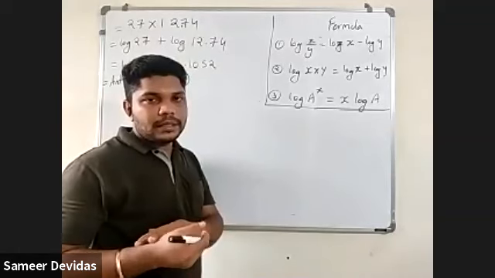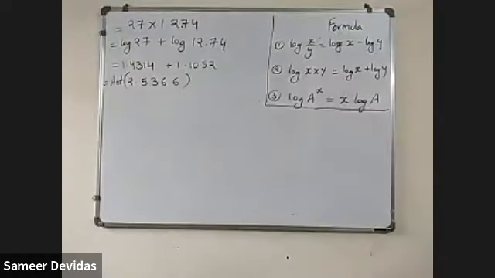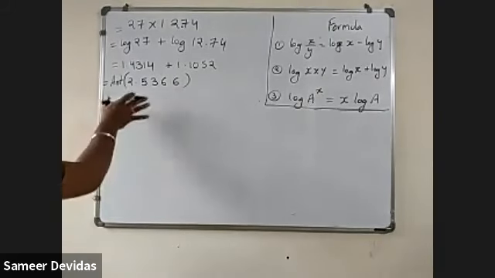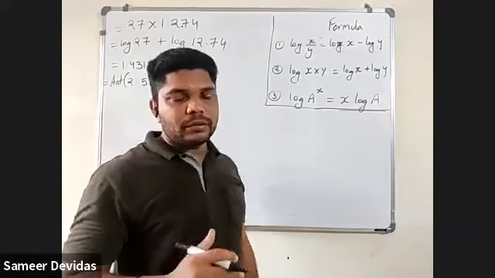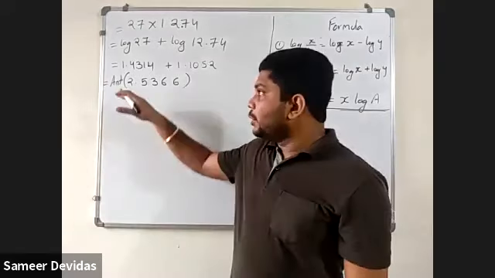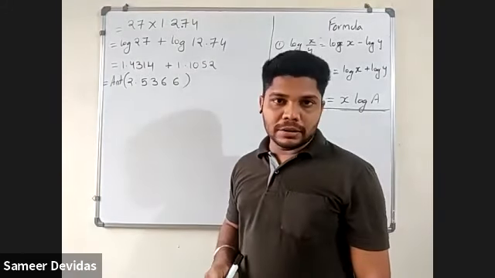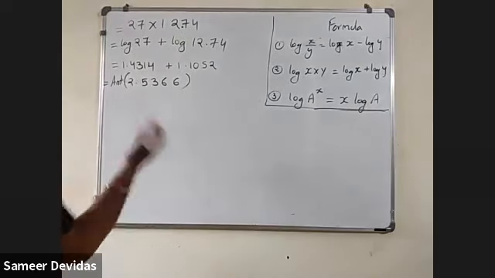Can you see those tables? Yes, the log table and the anti-log table. Just as I taught you how to find the logs, in the same way I will teach you how to find the anti-log.